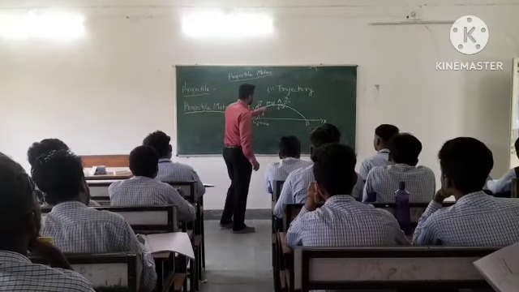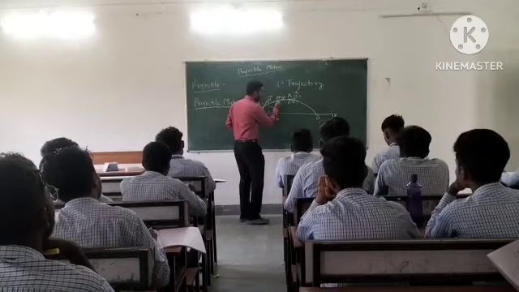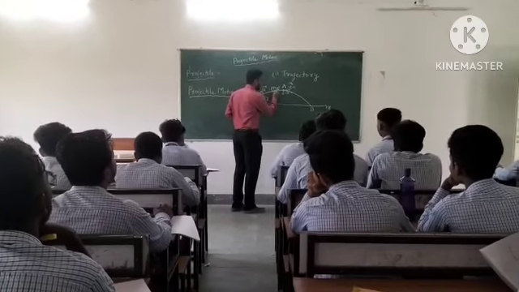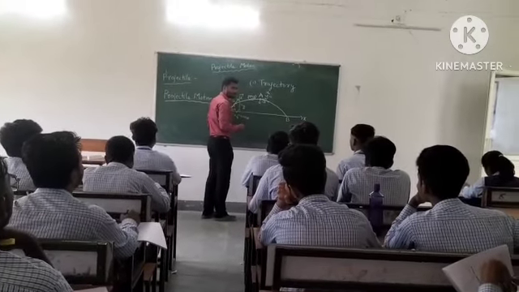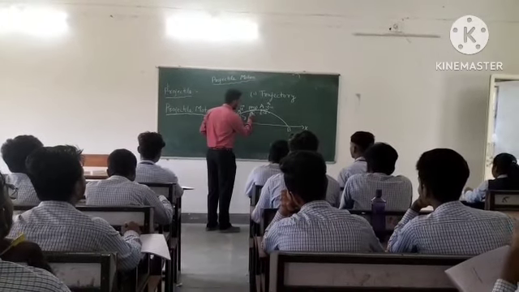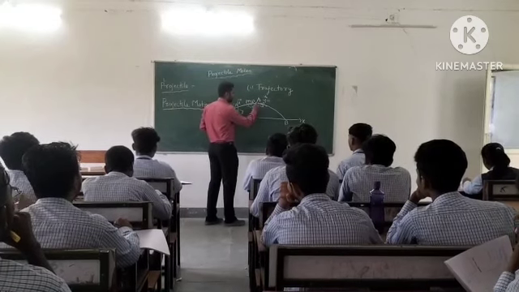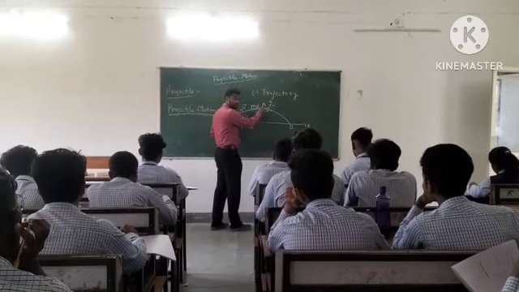So at this point, the velocity will be along the tangent. So it will have 2 components, one horizontal and one vertical. So what is Vx and Vy for this point?